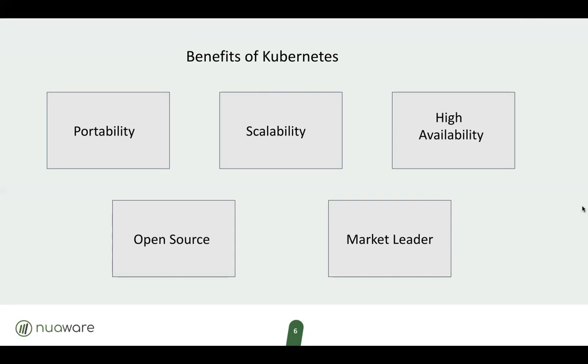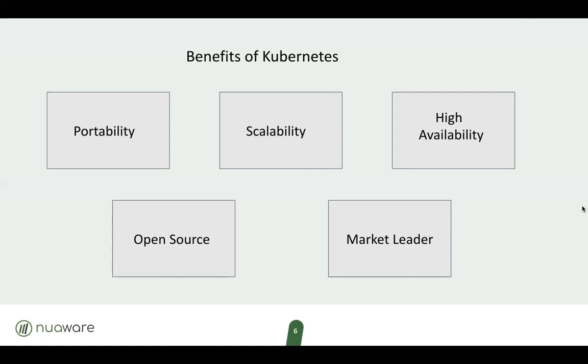So, high availability, at both the application and infrastructure level. Kubernetes adds a reliable kind of storage layer to ensure stateful workloads are highly available, and in addition to that, the master components can be configured for multi-node replication, and that ensures high availability. Open source.